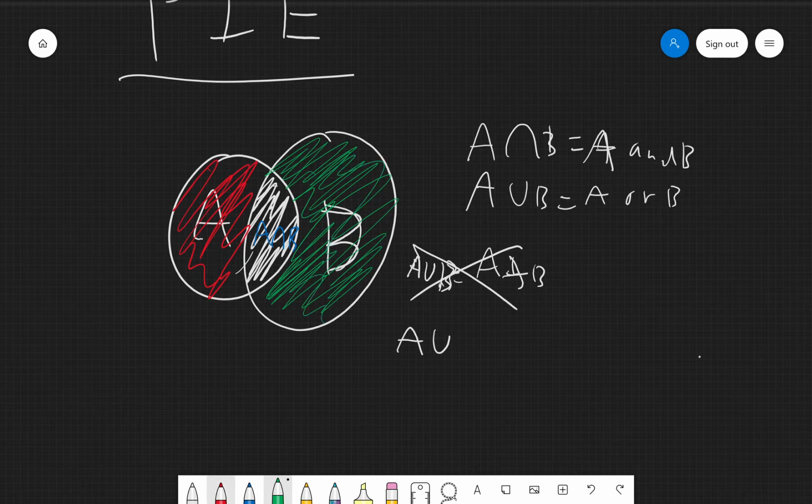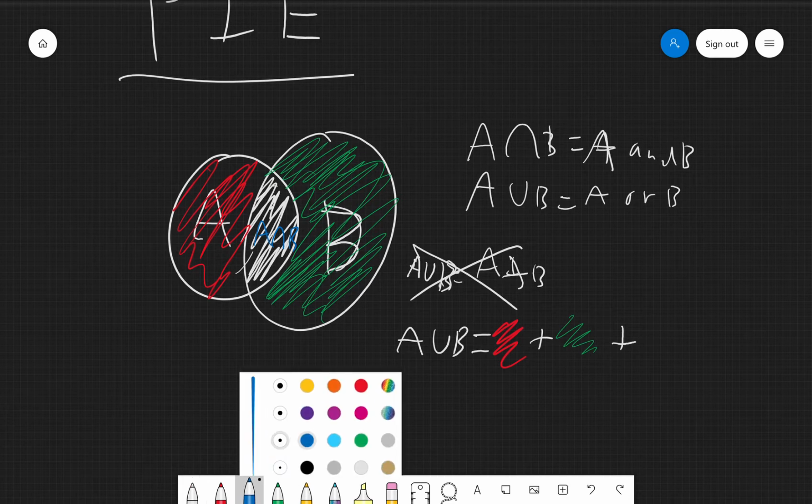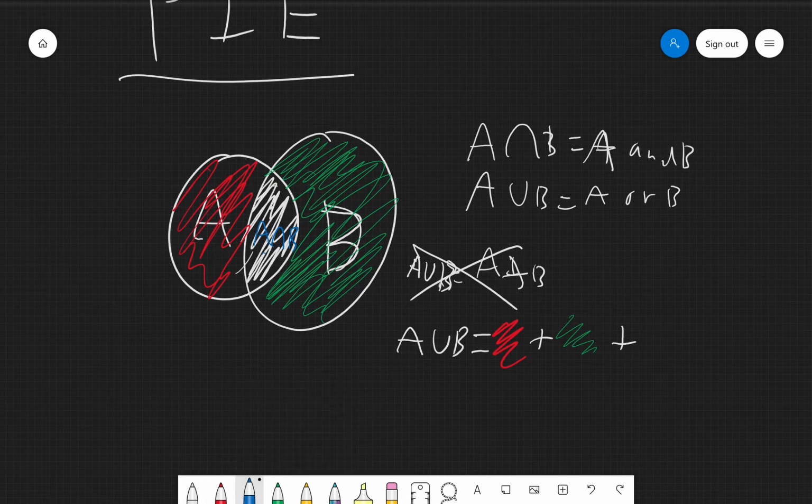A union B is equal to the red plus the green plus the blue, which is technically the white, but let's call this part blue.